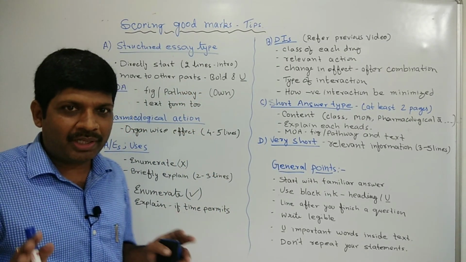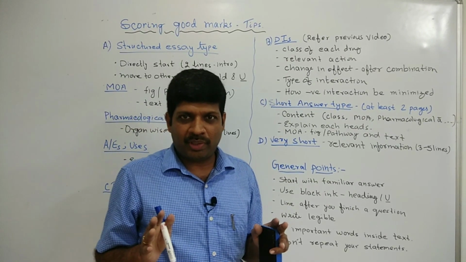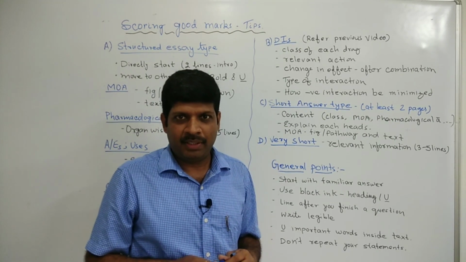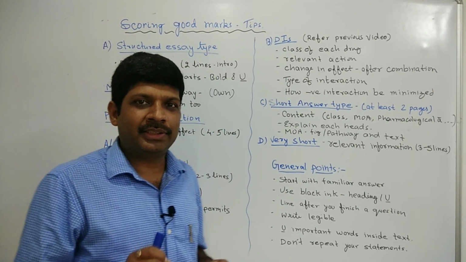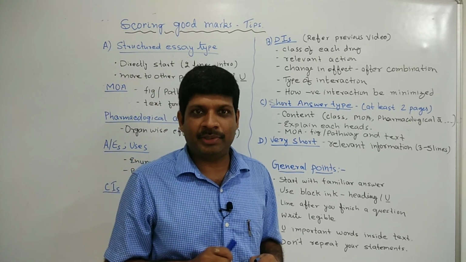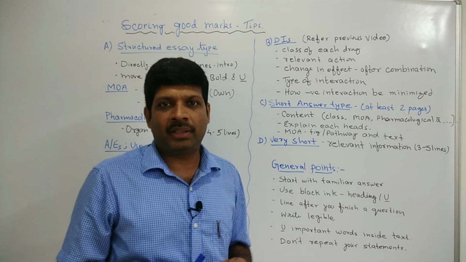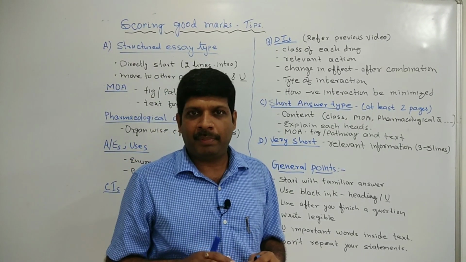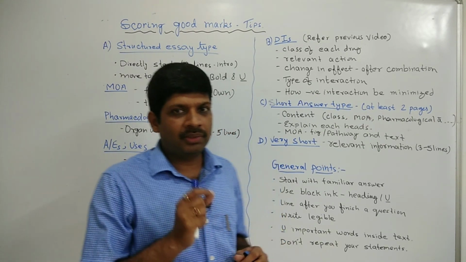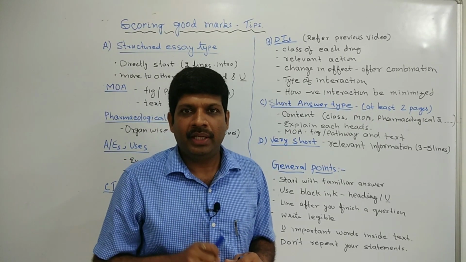See, usually what happens, the question paper you get contains mostly 4 types of questions. The first is a structured essay type question. I am talking about the undergraduate examination, especially MBBS, though the question papers for other courses are similar.